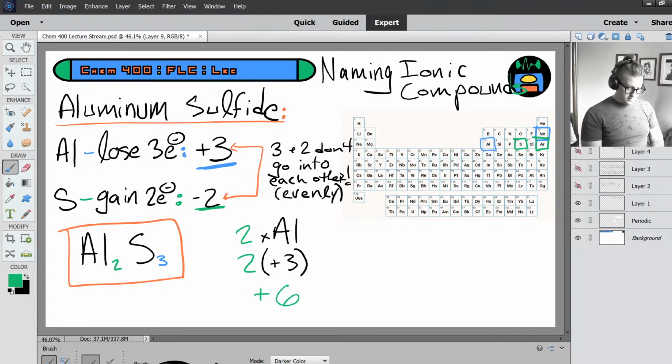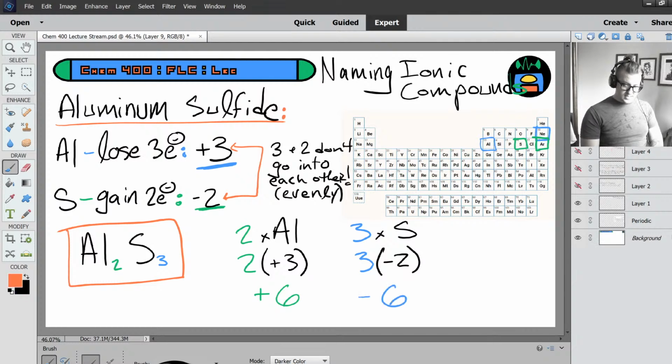In addition, you have 3 sulfur ions, right? And sulfur, as we know, has a charge of -2. 3 times -2 is -6.